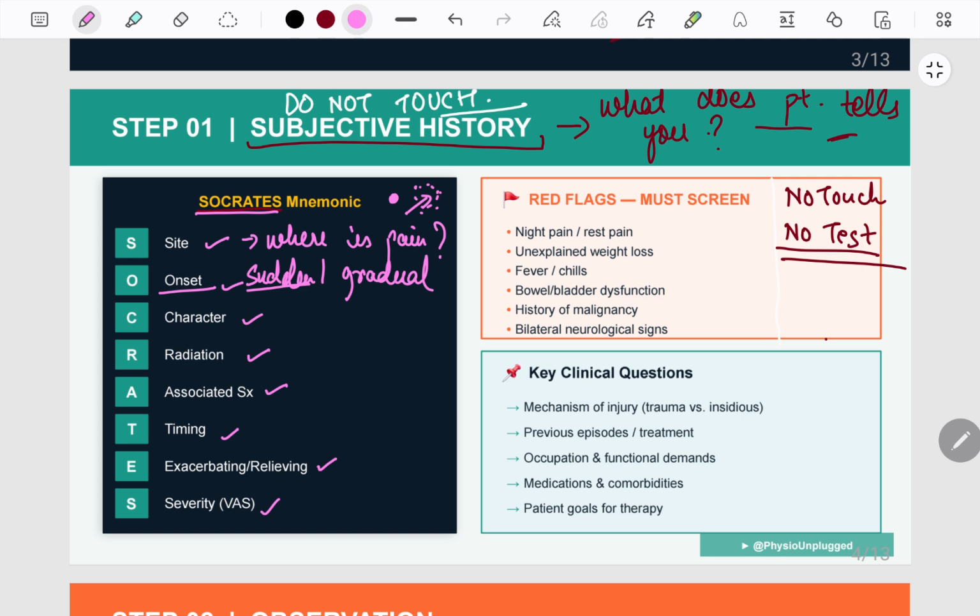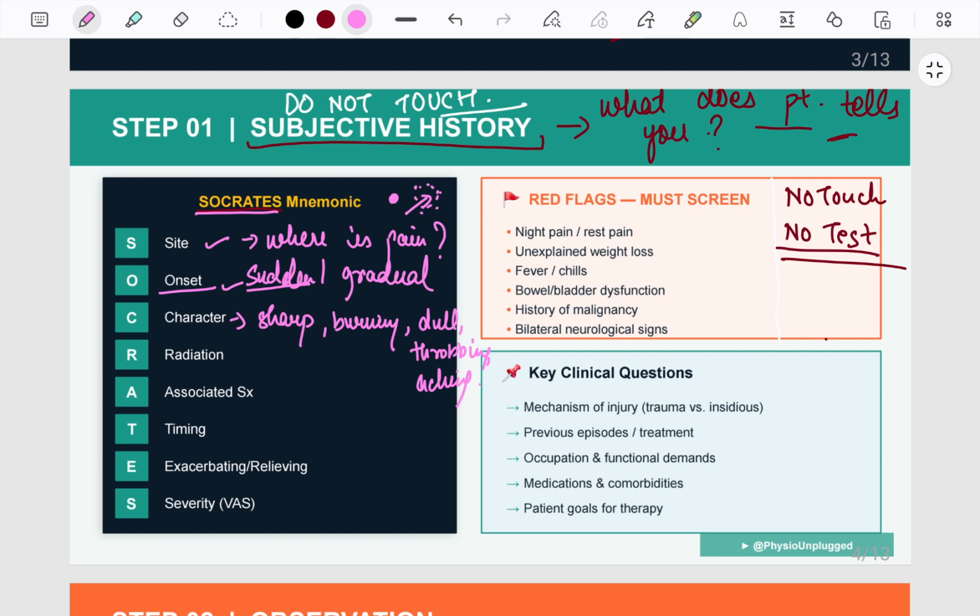Then comes the character or the nature of the pain. It could be a sharp, shooting pain. It could be a burning pain. It could be a dull pain. It could be throbbing pain. And it could be an aching pain. So these are the different characters that a pain can have.